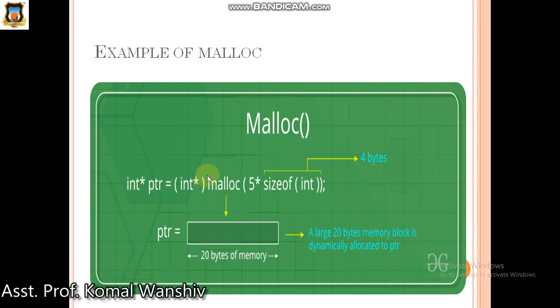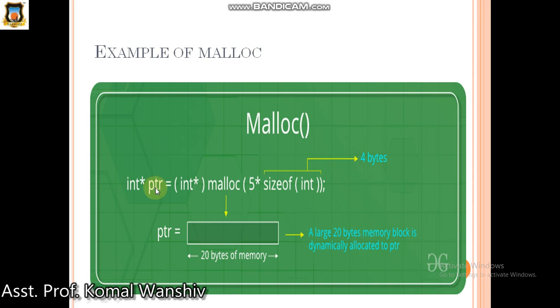See the example of the malloc function. Here, int pointer ptr is equal to int star malloc in brackets 5 into size of int. So in this example, a total of 20 bytes of memory is allocated to ptr, because size of int is 4, so 5 into 4 is 20. 20 bytes of memory are allocated, and the address of the first byte is stored in the ptr pointer.